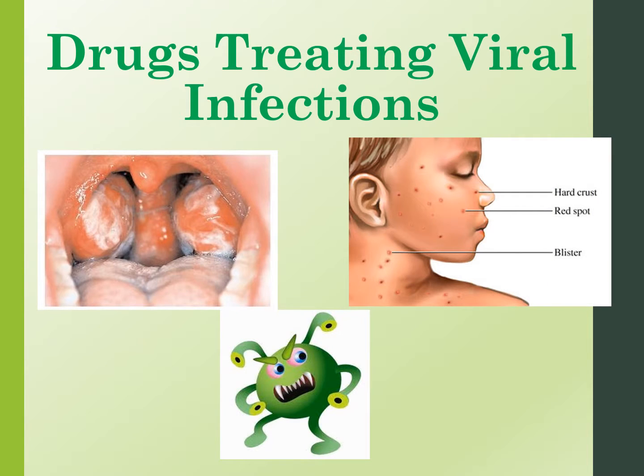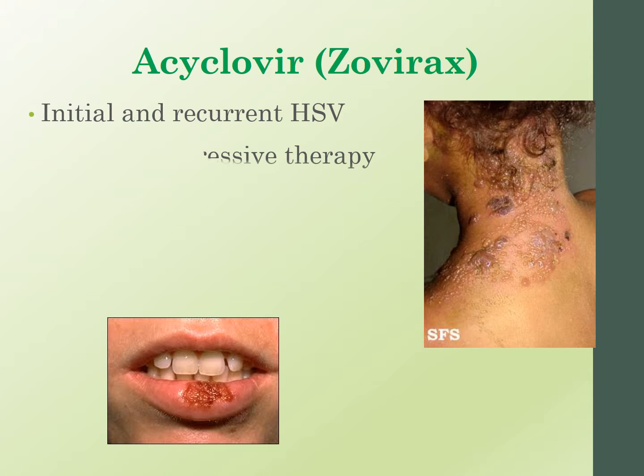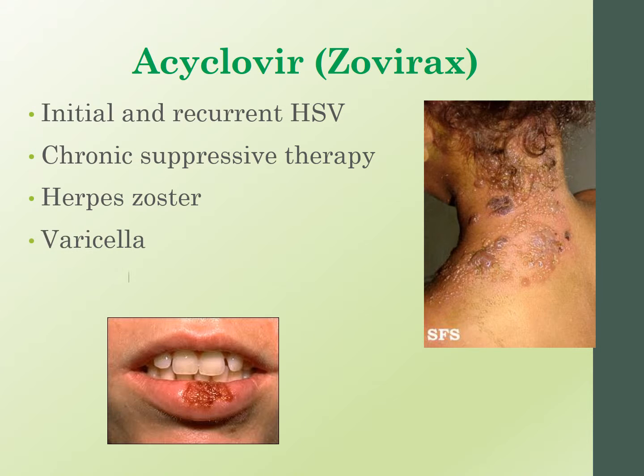So, taking a look at several specific drugs used to treat viral infections, acyclovir would be one, and it is used for initial or recurrent herpes simplex virus, chronic suppressive therapy, herpes zoster, varicella, and varicella zoster.